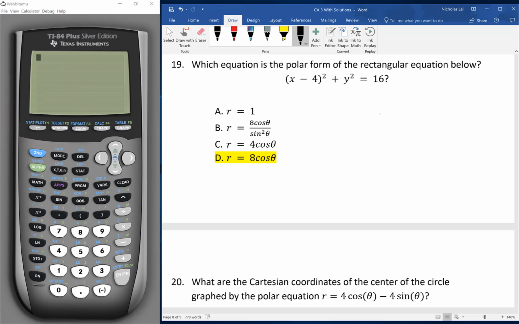So what can we do? We can have x minus 4 squared plus y squared is equal to 16.